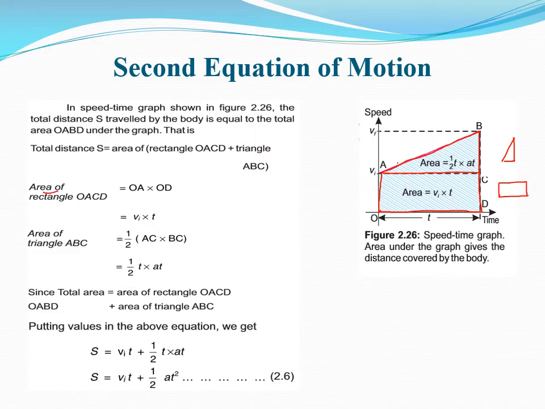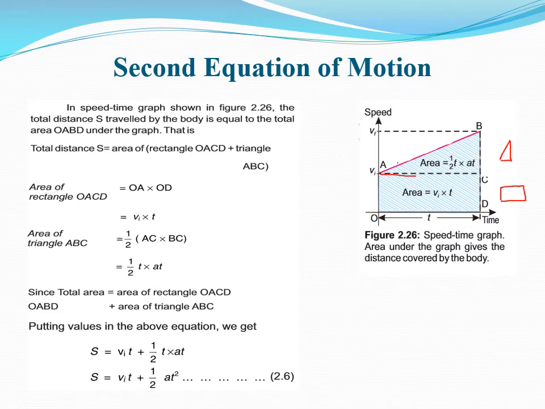Here, the area of rectangle OACD, you see O, this point is A, this point is C and B, this area. It's a rectangular area, and you know how to get the area of a rectangle? Length times width. So OA is the width of the rectangle, and OD is the length of the rectangle.